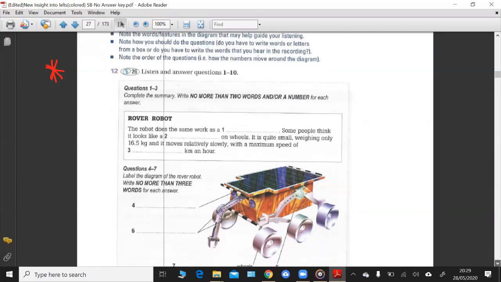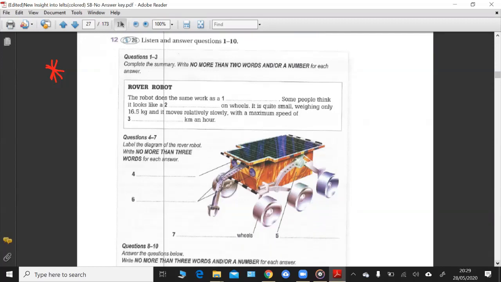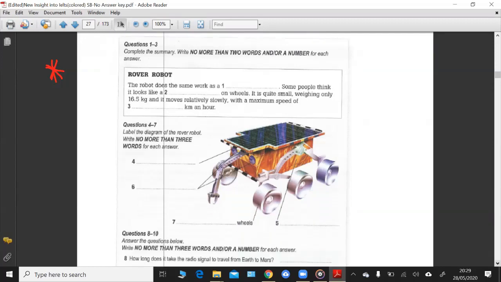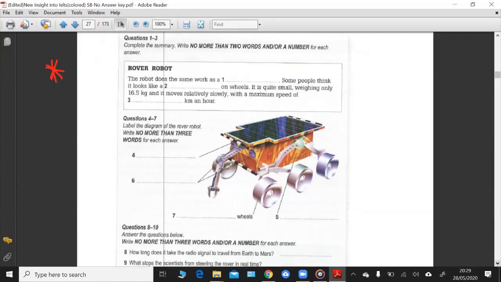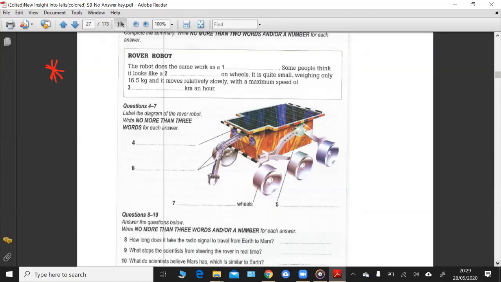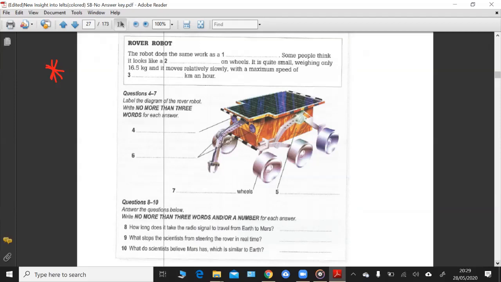Okay. Question number 4 to 7. Label the diagram of the rover robot. Write no more than 3 words for each answer. So what do you think? Number 4. What is this? You are telling the different parts of this robot, right?